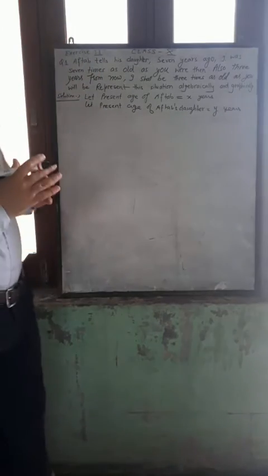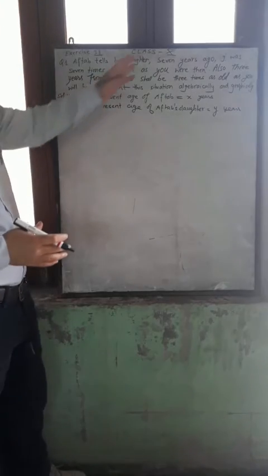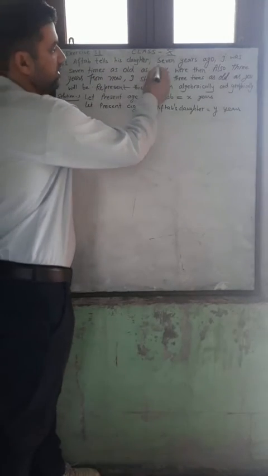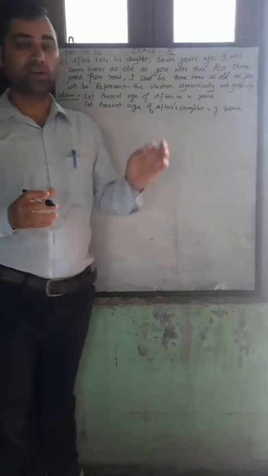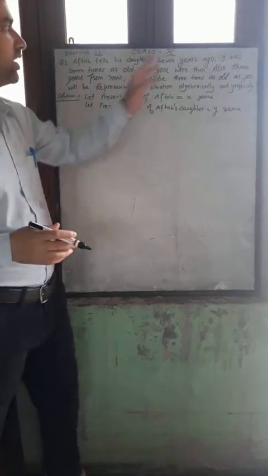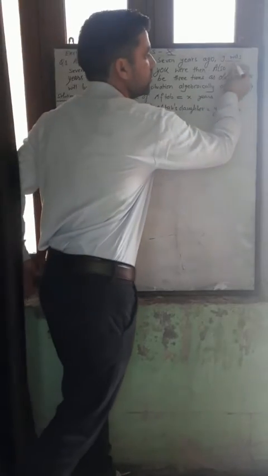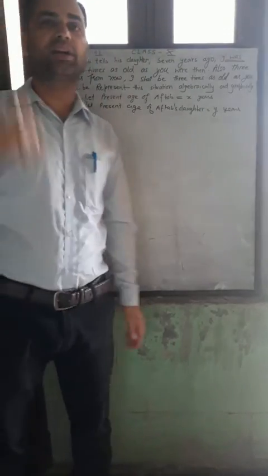Now according to the question we will solve this question. 7 years ago means 7 साल पहले. I was, you know, in the past.